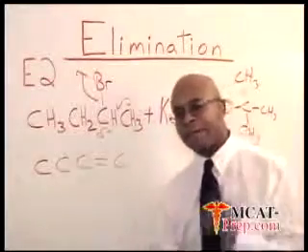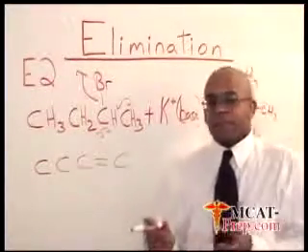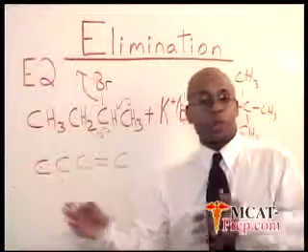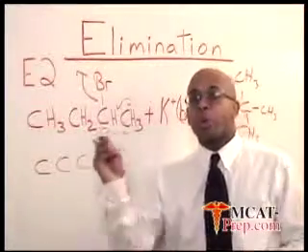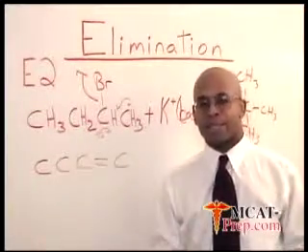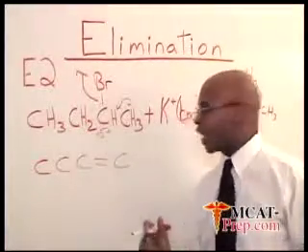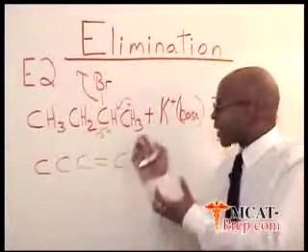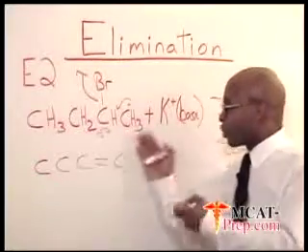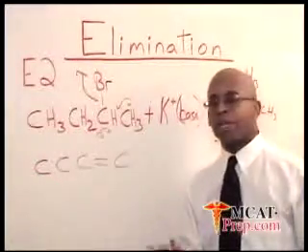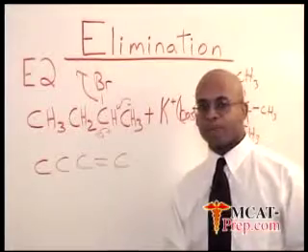Why? Because of the mechanism of reaction. It's not as if we had a choice that it could go this way, it could go that way, and it doesn't really matter, so it only depends on the stability of the product. No, this time the mechanism of reaction really did matter, because it's a big bulky base. It's very easy for it to pluck off hydrogens over here, and then we have this reaction.